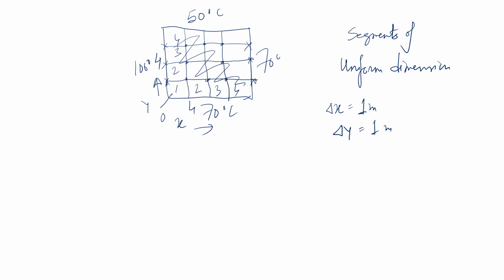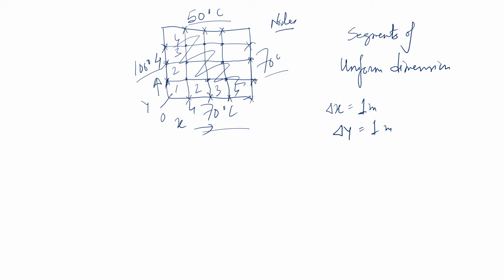These points are at the edge, and all these points are known as nodes. The temperature at these edge nodes is known, because we know that the temperature at the edge is 70 degrees centigrade on the right hand side, on the downward side also 70 degrees, left hand side 100, and upside 50 degrees centigrade. So if the edge is at this temperature, then all the points at the edge are at the same temperature.